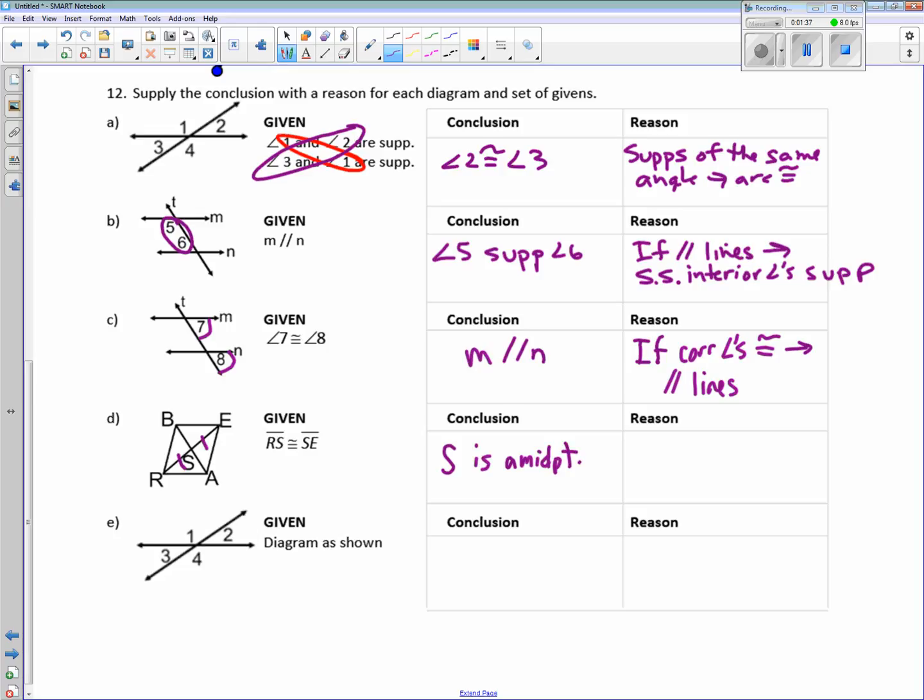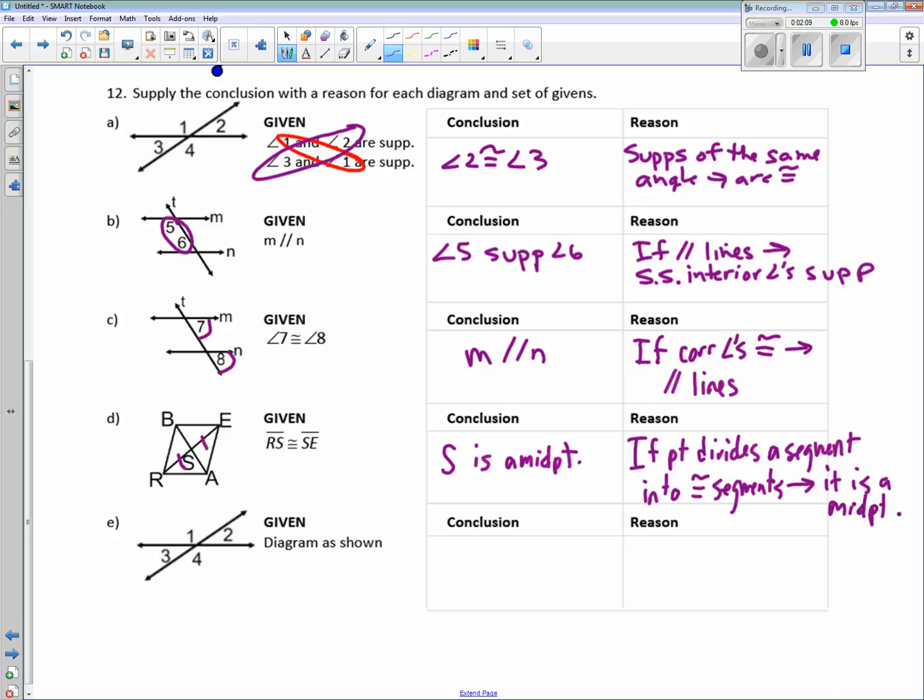And basically the reason is if a point divides a segment into congruent segments, it must be the midpoint.